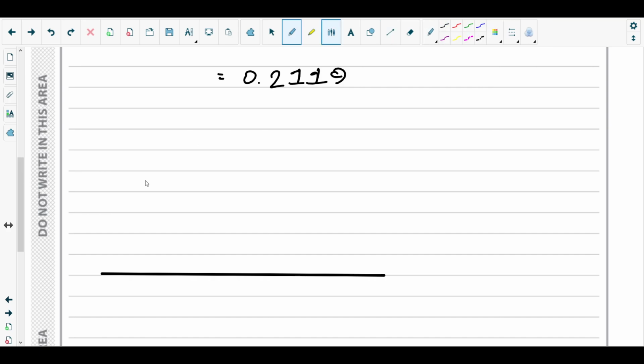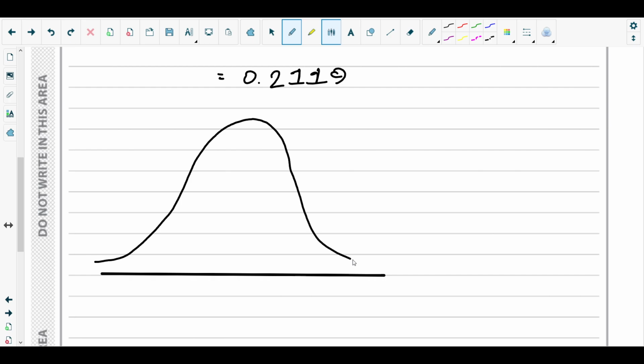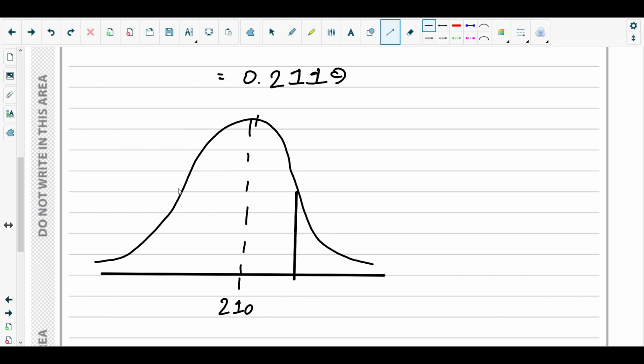The bell curve looks like this. This is the mean 210, right? So 210 plus k, this should be symmetrical, isn't it? So this is 210 plus k and this is 210 minus k.